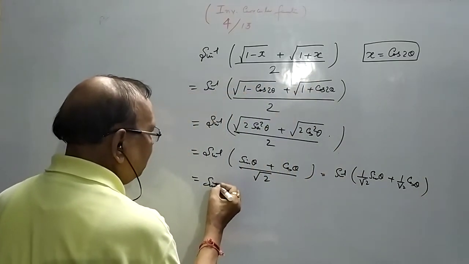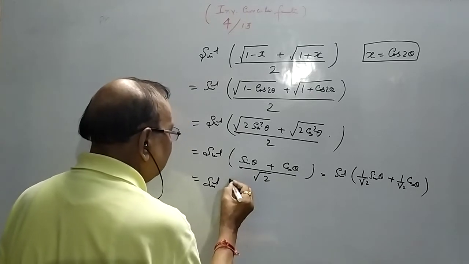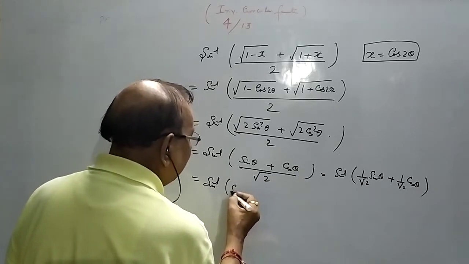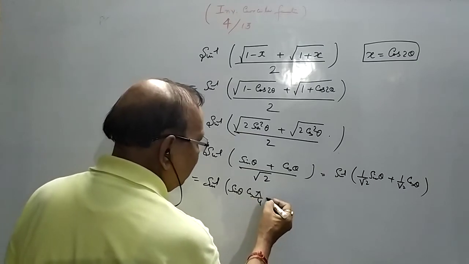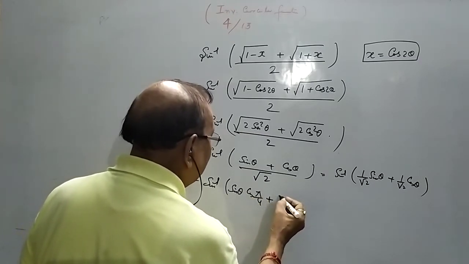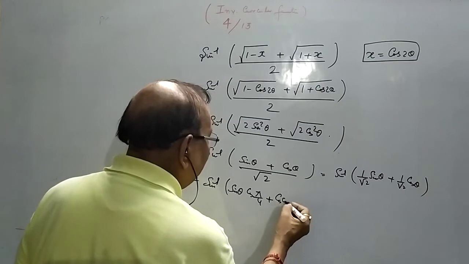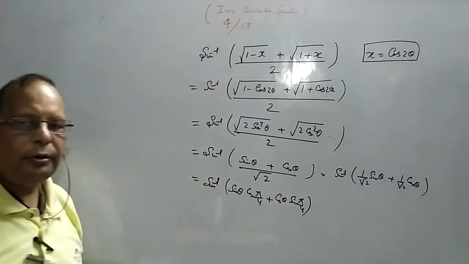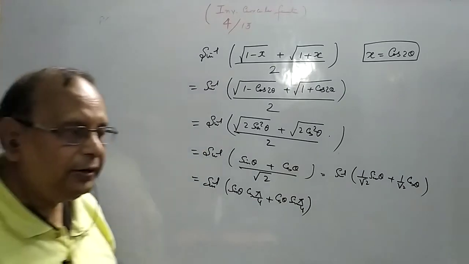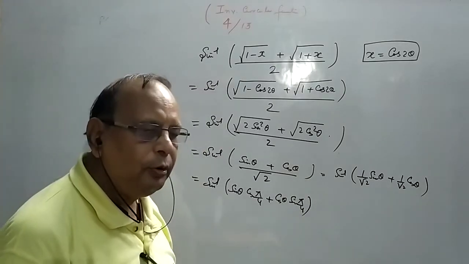sine inverse sin theta cos pi by 4 plus cos theta sin pi by 4. However, 1 by root 2 can be written as either sin pi by 4 or cos pi by 4.